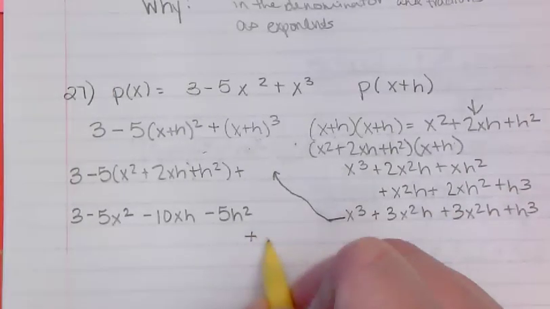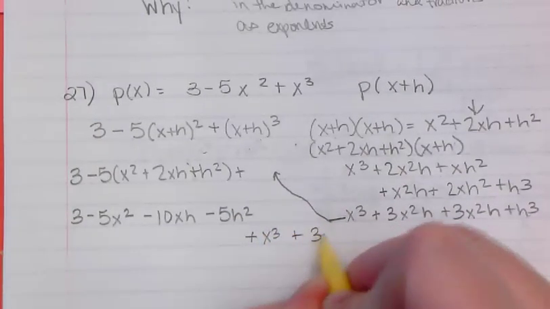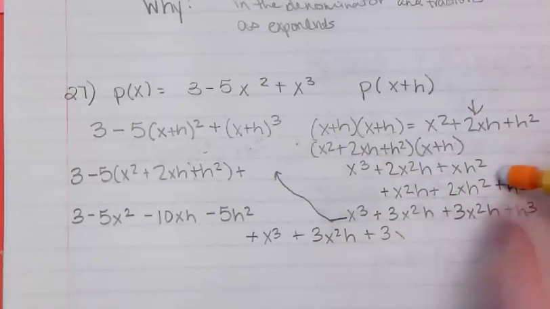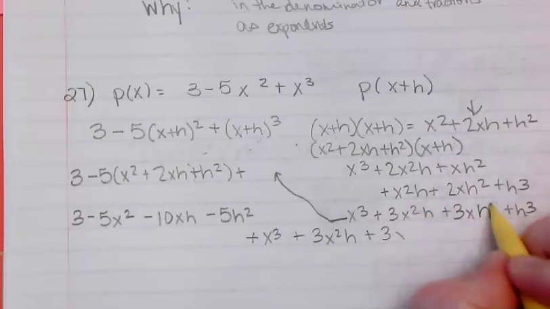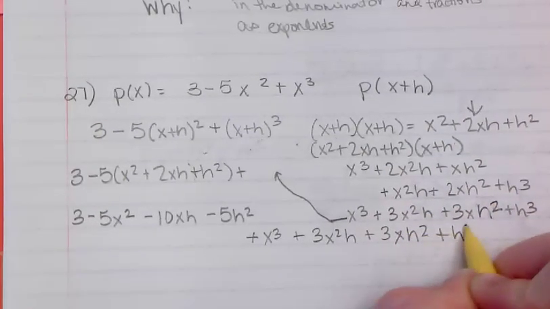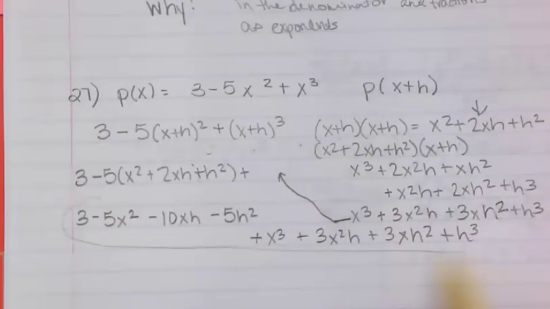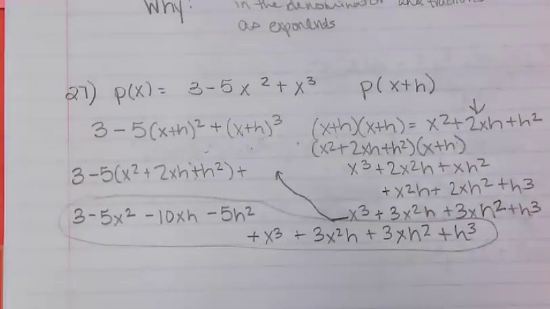So plus x cubed plus 3x squared h plus 3xh squared plus h cubed. So this whole thing here is that answer. That's ugly.